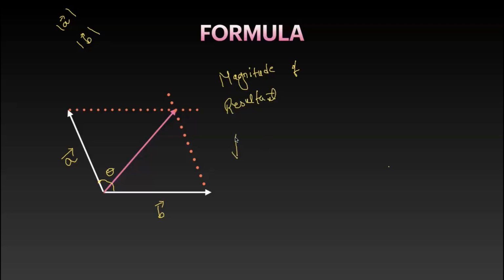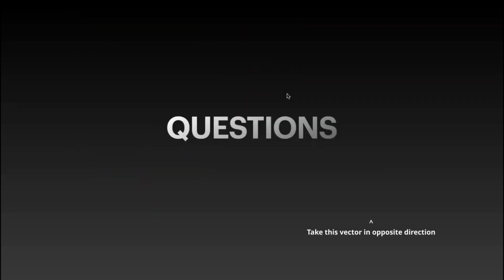See here very, very carefully. It is nothing but mod of A square plus mod of B square plus 2 mod of A, mod of B, cos theta. Now we will deal with some questions, okay?